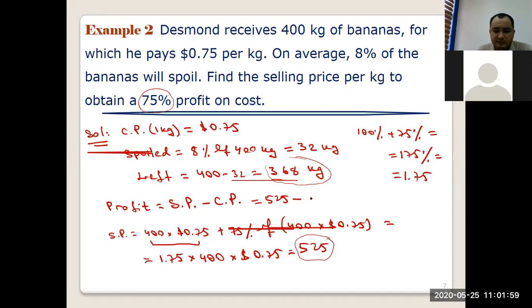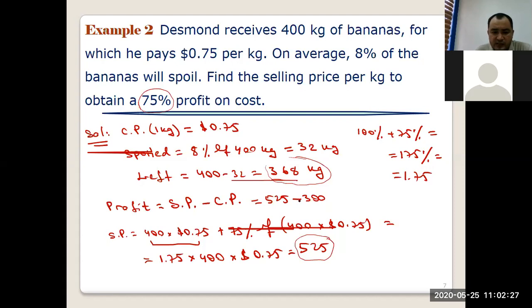It is 300. So we bought it for 300, and that is our total profit, right? Because it is total sale minus total cost.